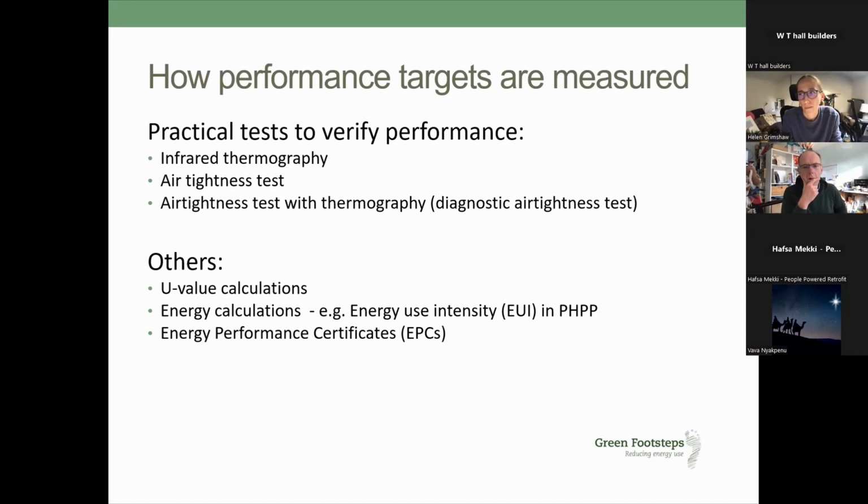In some cases, for the ACB standard, you've got to have confirmation on levels of thermal bridges when you're looking at the level 2 standard. So U-value calculations form part of it, and the energy use intensity calculations in the Passive House Planning Package, if you're looking at the ACB standard or Retrofit, clearly an important part of it, and unfortunately so are EPCs.